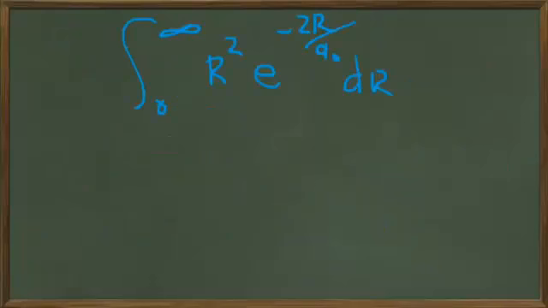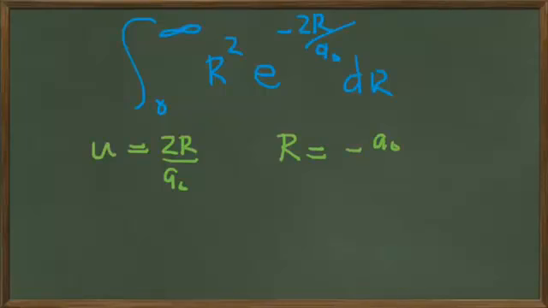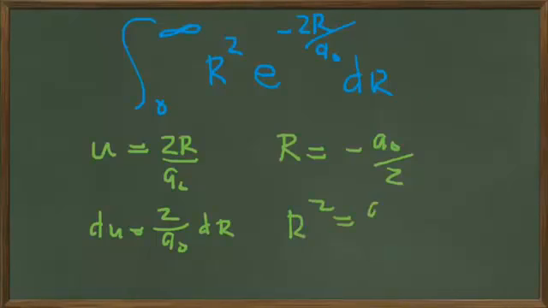So we're going to do this by the substitution technique. We're going to let u equal 2r over a0, and that tells us that r equals a0 over 2 times u, du is going to be 2 over a0 times dr, and r squared is going to be a0 squared over 4 times u squared.